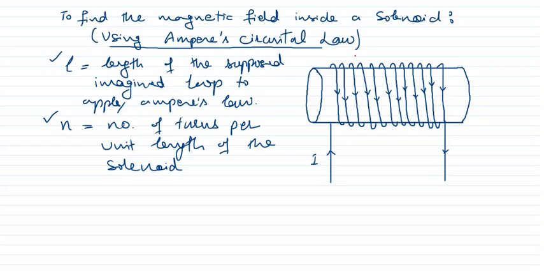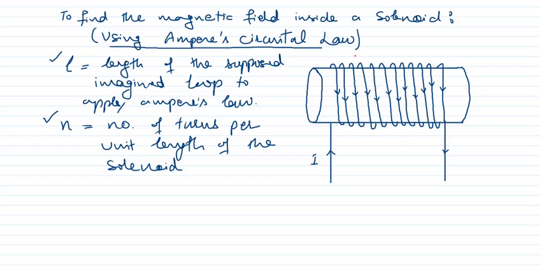Now, to apply Ampere's law here, because we know that Ampere's law states that the line integral of magnetic field over a closed loop, we have to consider a loop. The loop can be of any shape, and for our convenience, here we will suppose a rectangular loop.